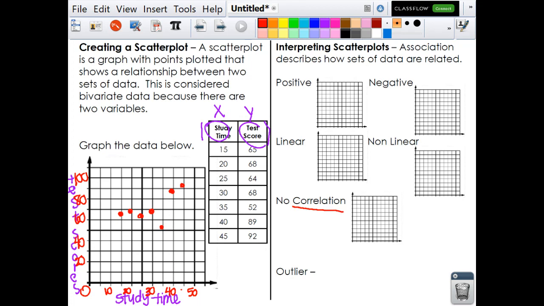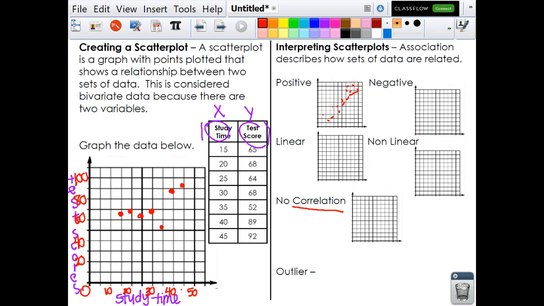So we're going to draw examples of those correlations. A positive correlation is going to have dots that increase in a positive way. So if I was to draw a line in the middle of those dots, my line is going to be going in a positive direction.